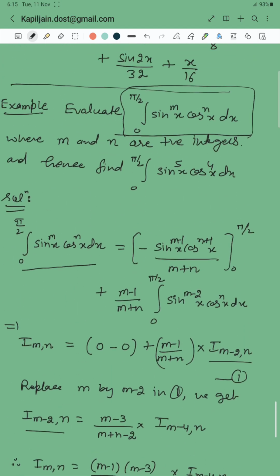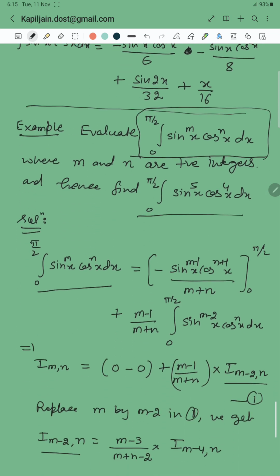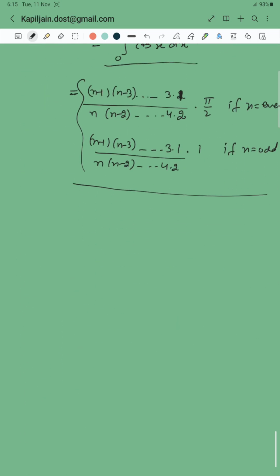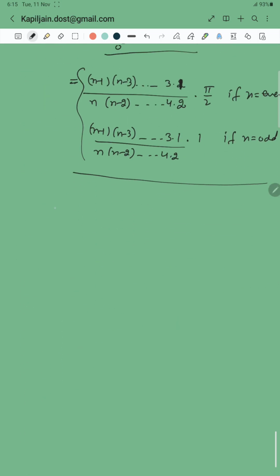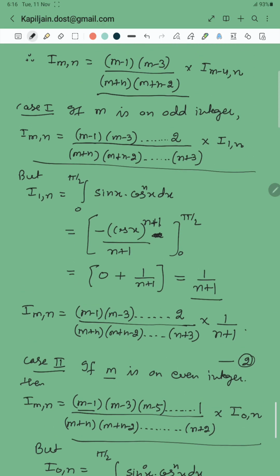Now we solve this integral: 0 to pi by 2 of sin raised to power 5 x cos raised to power 4 x dx, which is clearly I_5,4, and here m is 5, which is odd, so we use this formula.